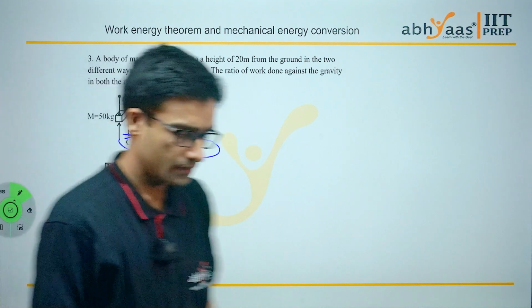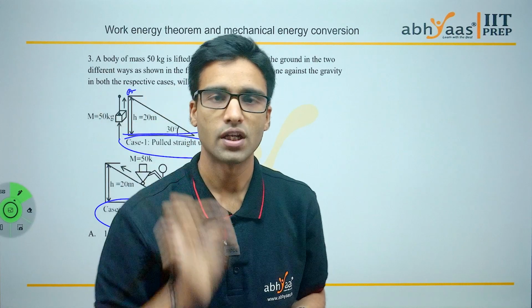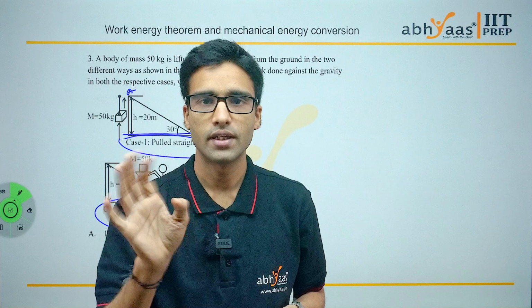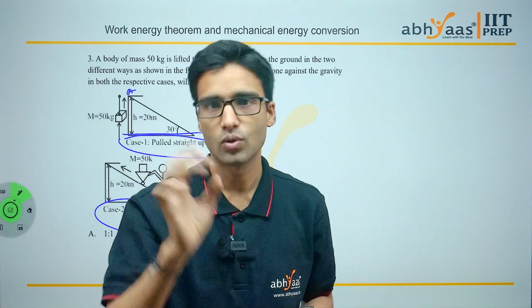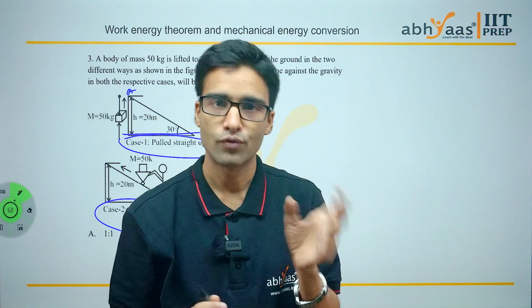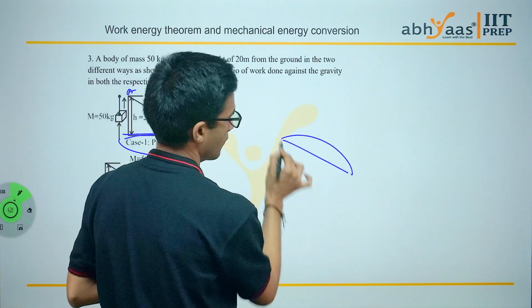We know that work done depends on the initial and final points, but not on the path. So it is not a path function. Work is not dependent on the path we followed. Work is dependent on the initial and final points.